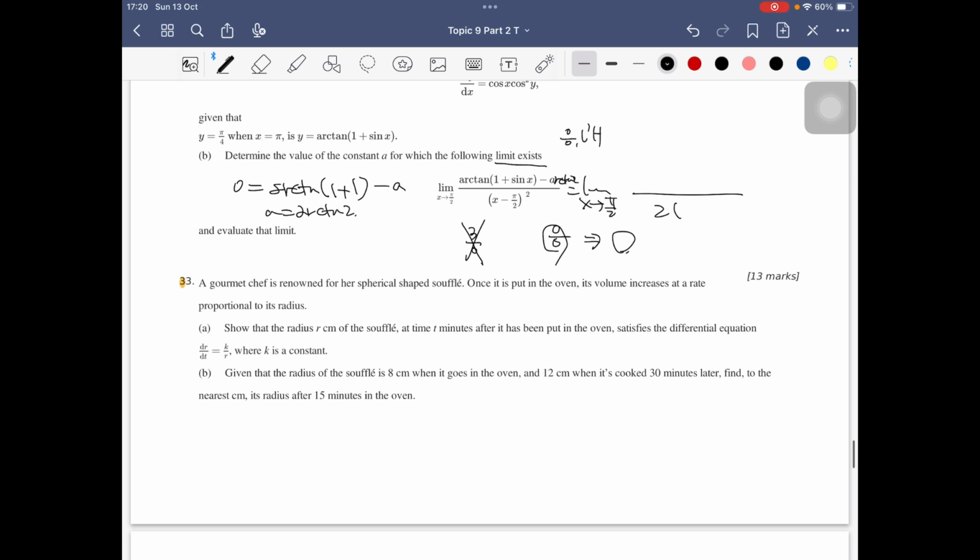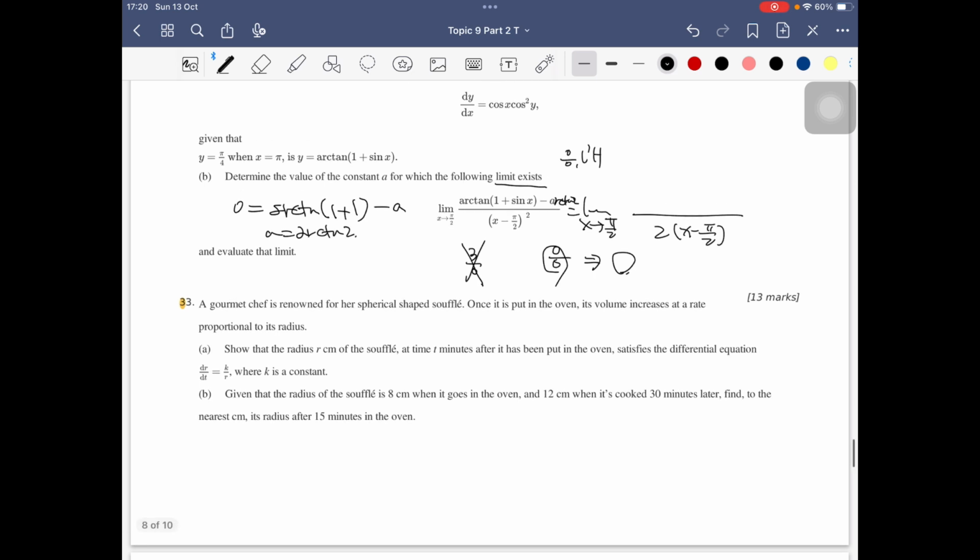So here 2x minus pi over 2 and arctan 1 plus sine x is this one. So cos x, cos squared y. And arctan 2 is just a number, so we don't need that.